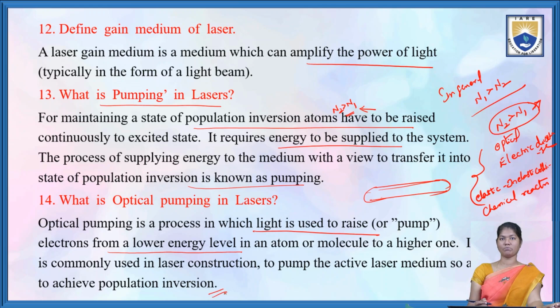So we use light as an energy source. When the tube flashes, because of the flash, the atoms rise to higher energy levels. So population inversion takes place so that we can get a laser beam.